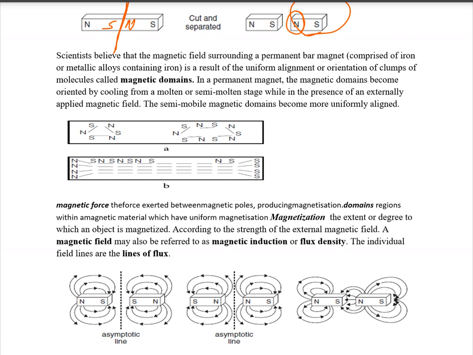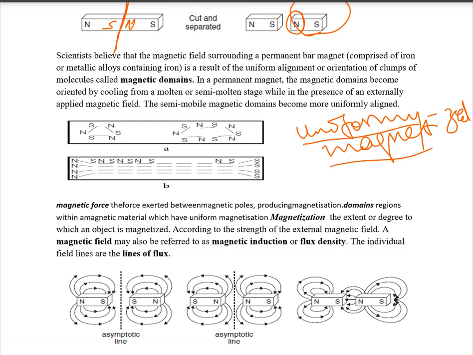The other thing is magnetic domain. Magnetic domain is a region that is uniformly magnetized. When we say uniformly magnetized, each north pole of a magnet is connected to another south pole of a magnet.